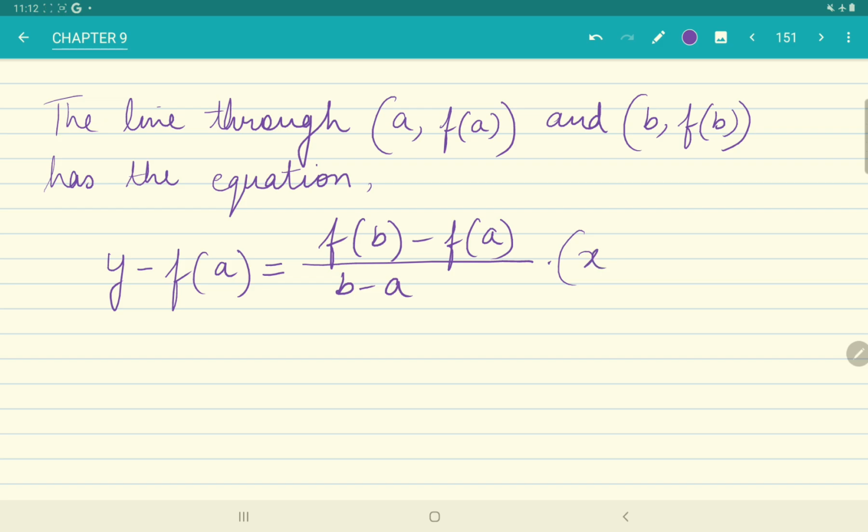and then x minus a. Again, we put x as 1 minus lambda a plus lambda b, and now let's see this. Why have I put x as this?